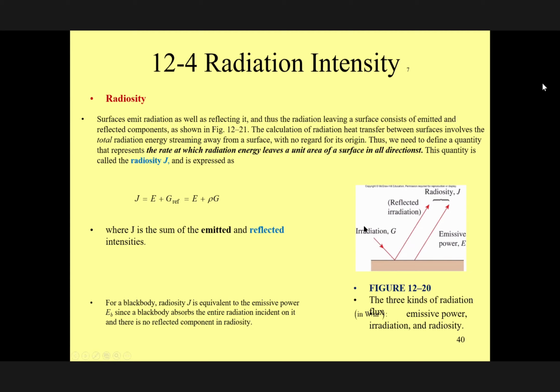Here, radiation comes in, this is G. A portion will be reflected, that's rho G, and a portion is emitted because the surface is at temperature T. The total of these two components is called radiosity, defined here as J. We can calculate the emitted part because we know the emissivity of the material. And we also know how much energy comes in, the irradiation times the reflectivity.